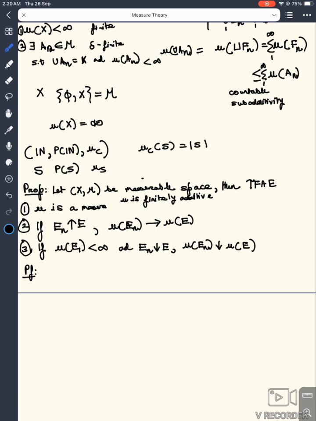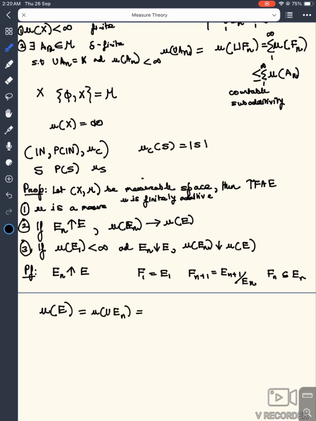Suppose mu is a measure, and E_n increases up to E. Then do the standard disjoint union technique. Define F_1 to be E_1 and F_{n+1} to be E_{n+1} minus E_n. F_n is a subset of E_n, that is clear. And this is true for partial unions also, that is union F_n equals union E_n.